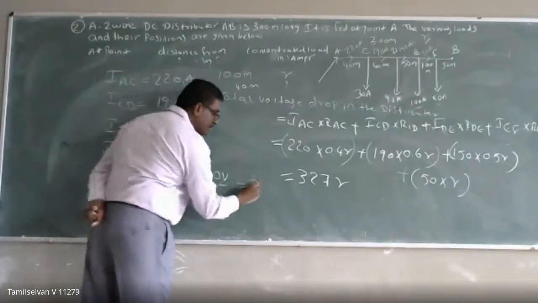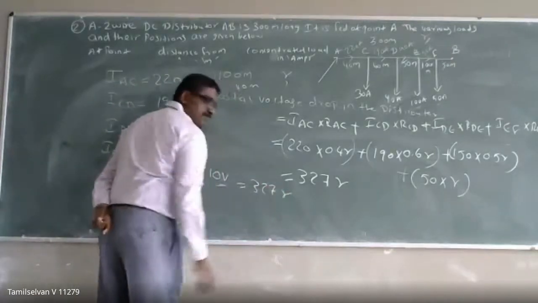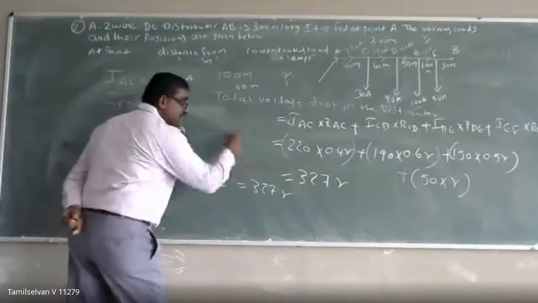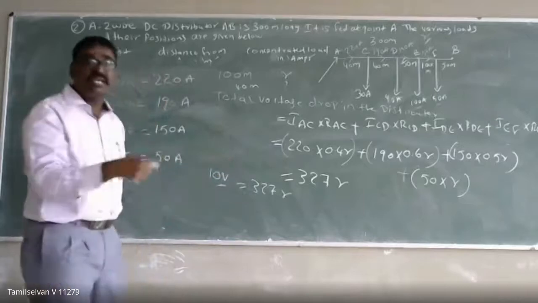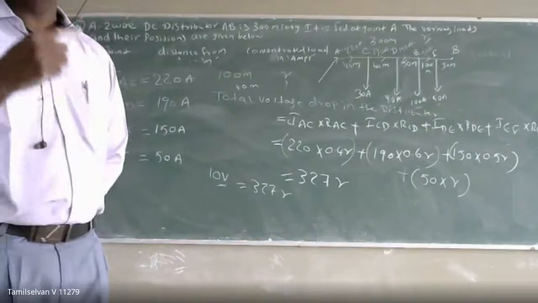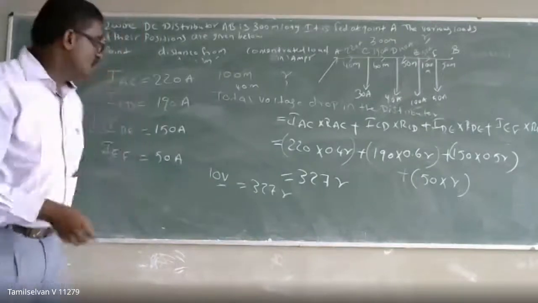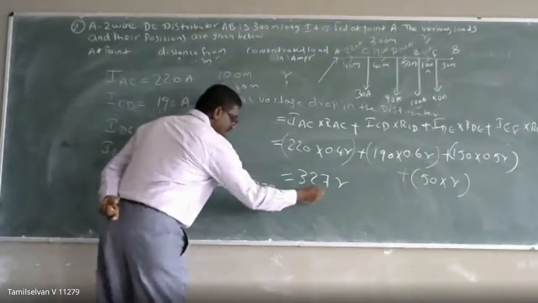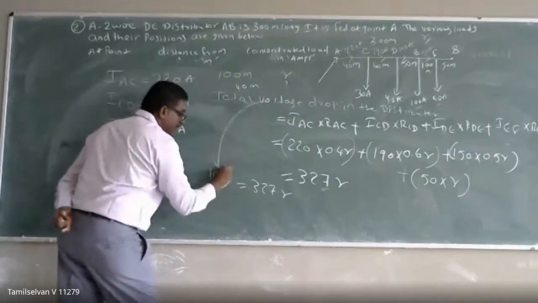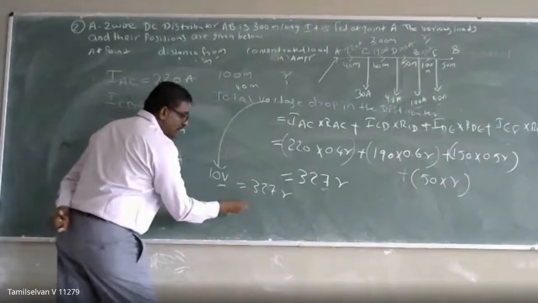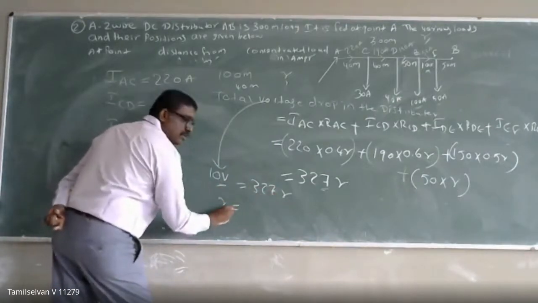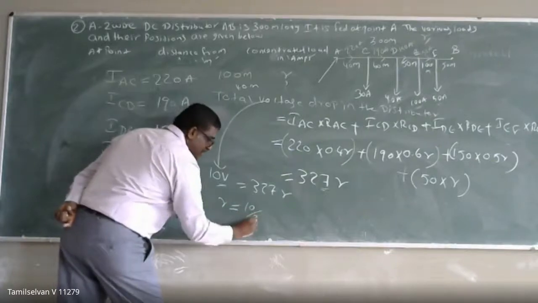This drop cannot exceed a maximum value of 10 volts. So 10 volts is equal to 327 into R. It means R will be equal to 10 by 327.